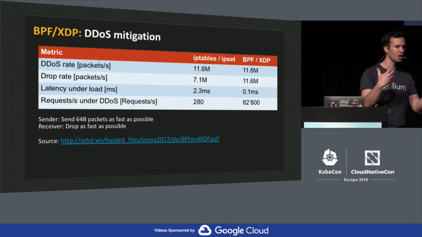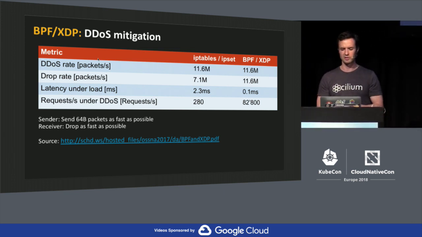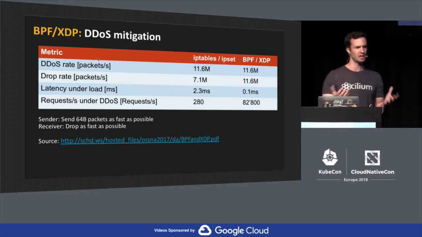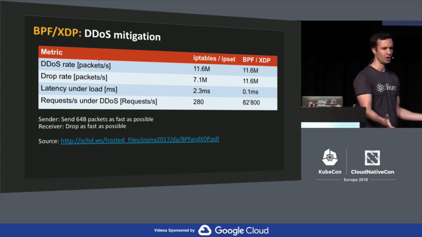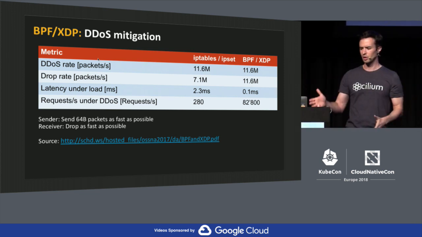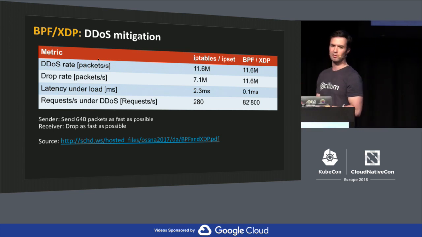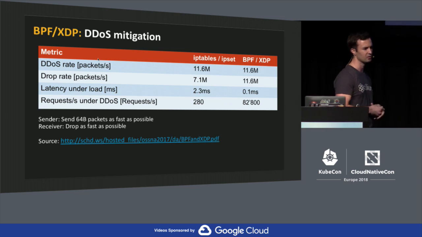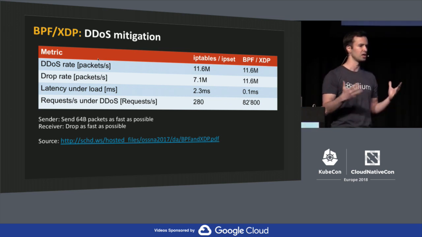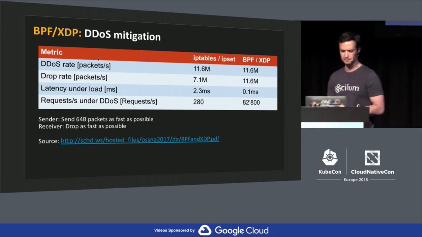The machine is using all of its power just to drop packets, which means that the latency has gone up and we can only handle about 280 requests per second of good traffic. In the BPF use case, first of all, we can drop all of the hostile packets. While this machine is under attack by 11.6 million packets per second, we can still process over 80,000 requests per second of good HTTP requests or good TCP requests.